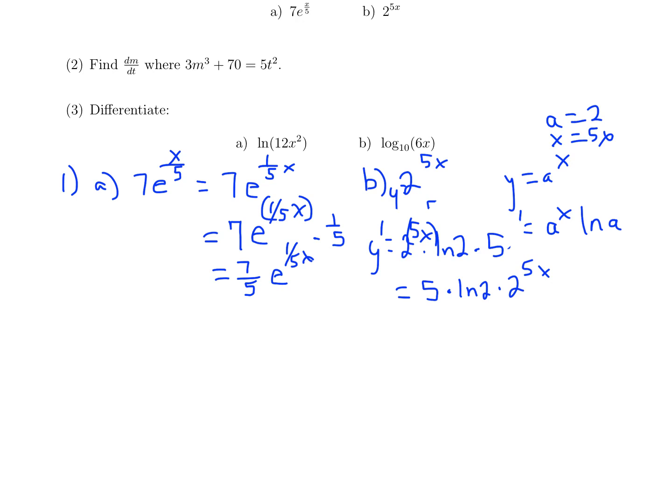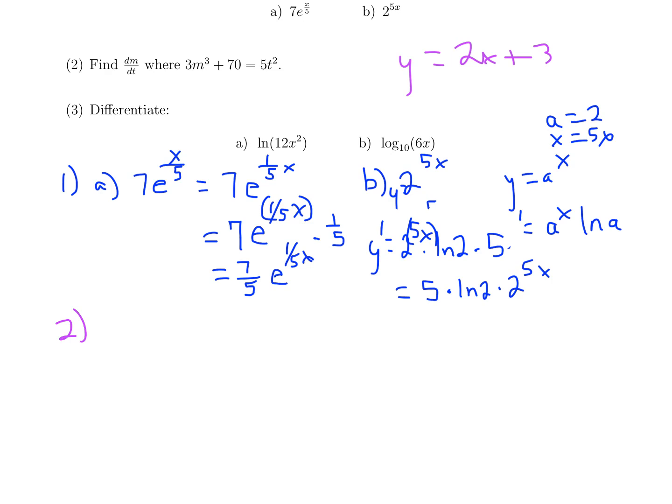Okay, for question 2, they're asking for dm dt. So there's a couple of ways to do this. One would be to try and solve this equation for m, because usually if I have like y equals 2x plus 3 or something, and I'm asking for dy dx, then I would have to have everything written in terms of y as a function of x.